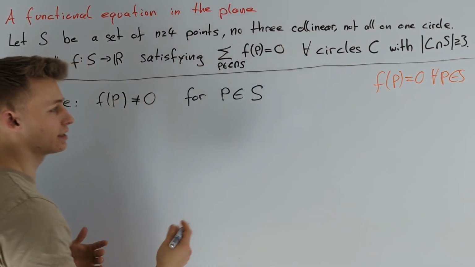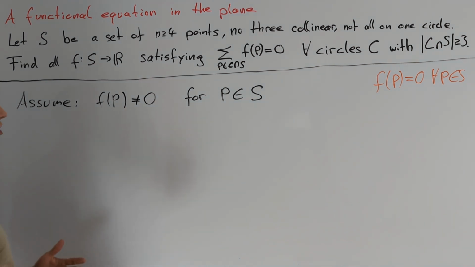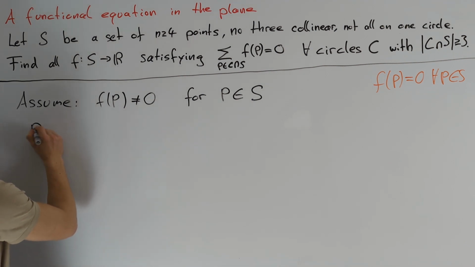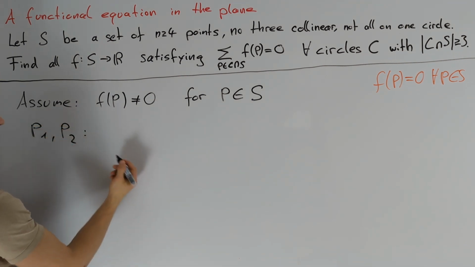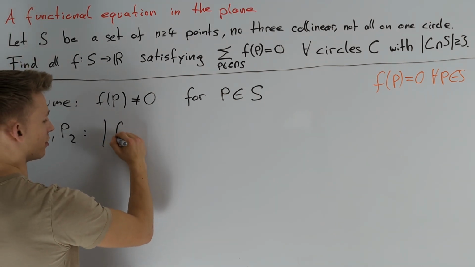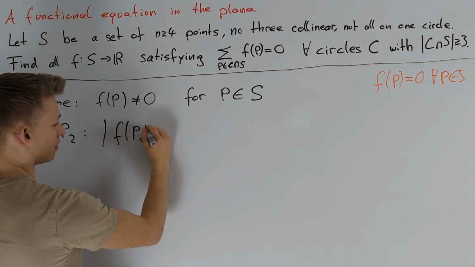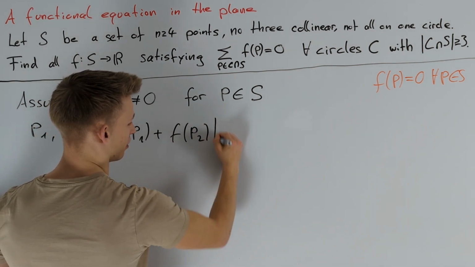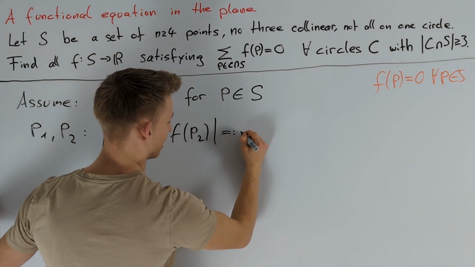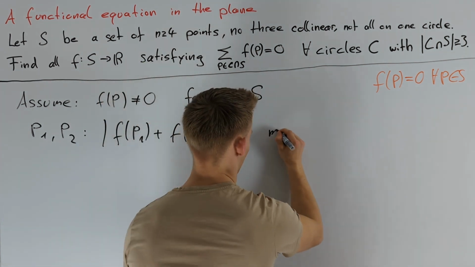As I said, it feels like a good idea, in order to get a contradiction, to consider some p such that the values of f of p are really large or really small, and therefore we want to choose p1 and p2 in such a way that the absolute value of f of p1 plus f of p2, which I want to define to be m, is maximal.